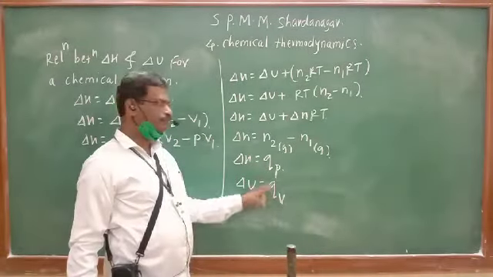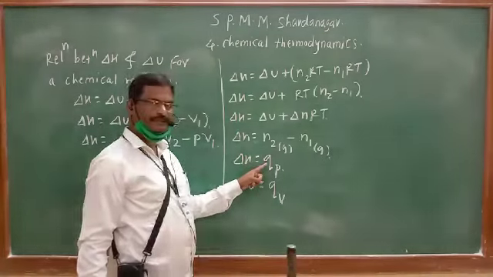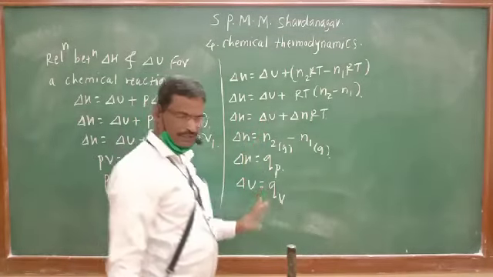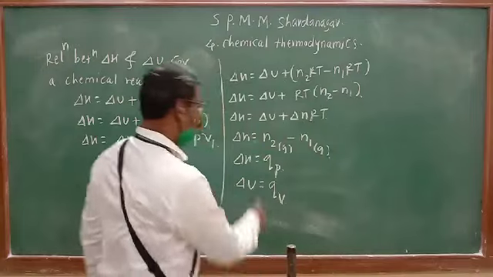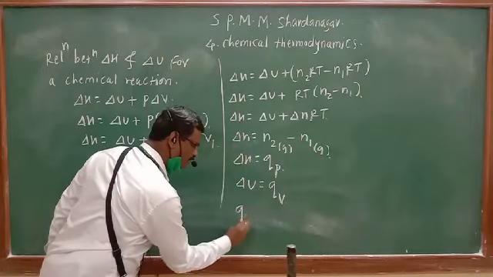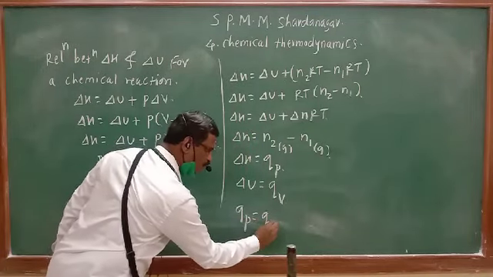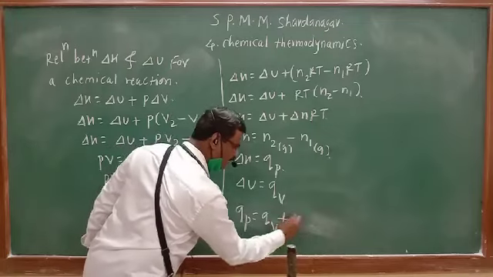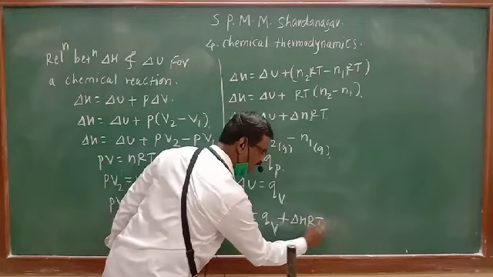Therefore, delta H replaced by Qp, delta U replaced by Qv, and this equation we can write: Qp is equal to Qv plus delta nRT.